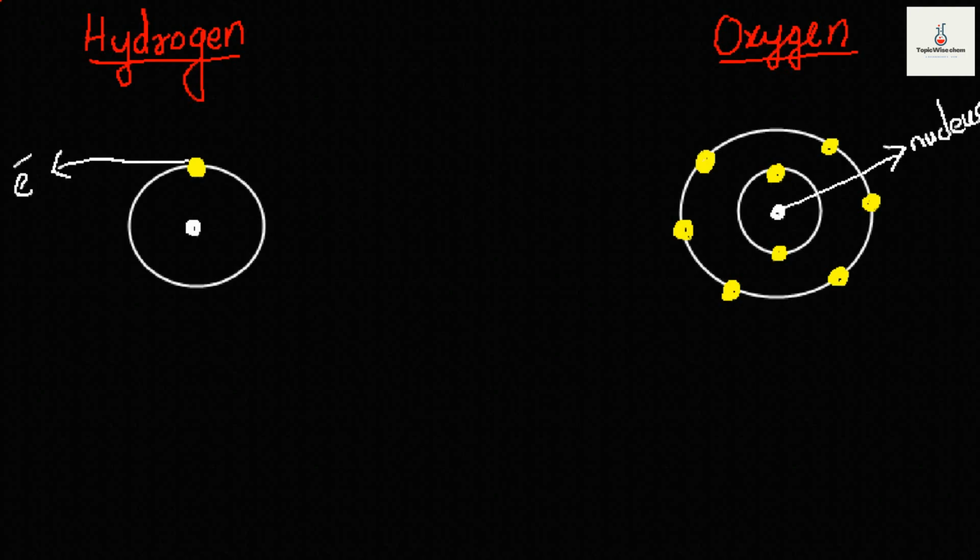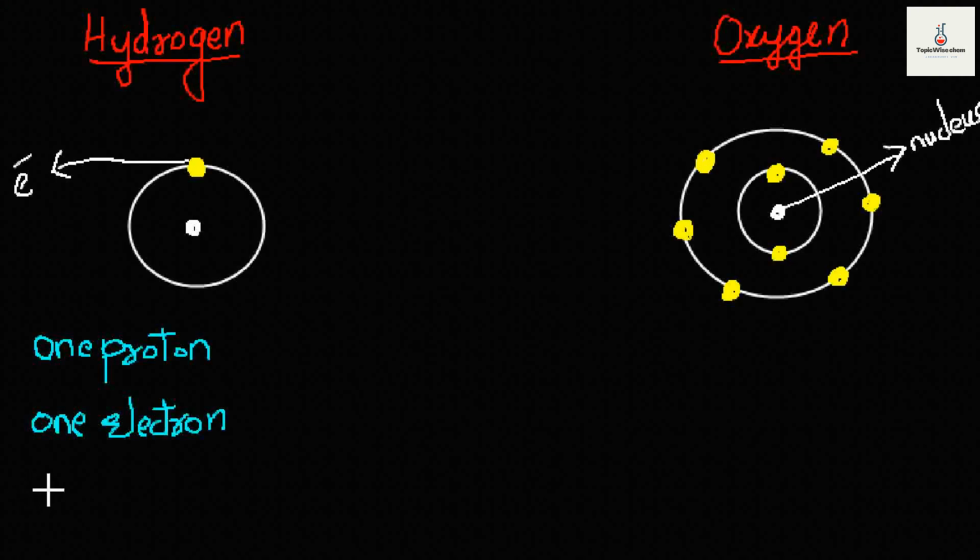In the case of hydrogen, we have to keep in mind that we have only one proton but zero neutrons. Very important. And the yellow dot on the circle is the one electron for hydrogen. So overall we can conclude that hydrogen has 1 proton, 1 electron and 0 neutrons, and the combination of proton and neutron is generally called the nucleus.